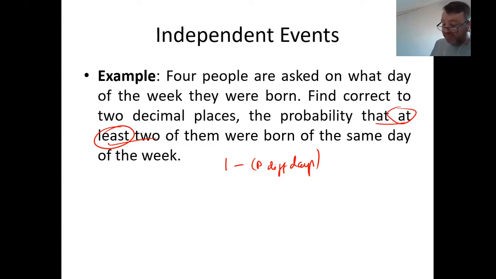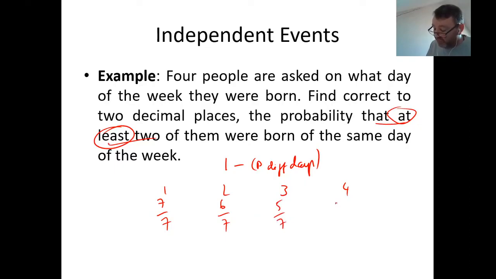So 4 people: 1, 2, 3 and 4. I want to see in how many different ways they could be born on different days. Take person 1. Person 1 can be born on any of the 7 days. Person 2, to be different, can be born on any of the remaining 6 out of 7 days. Person 3 on any of the remaining 5 out of 7.